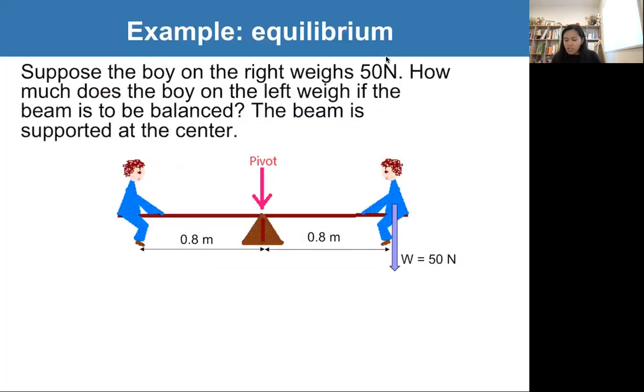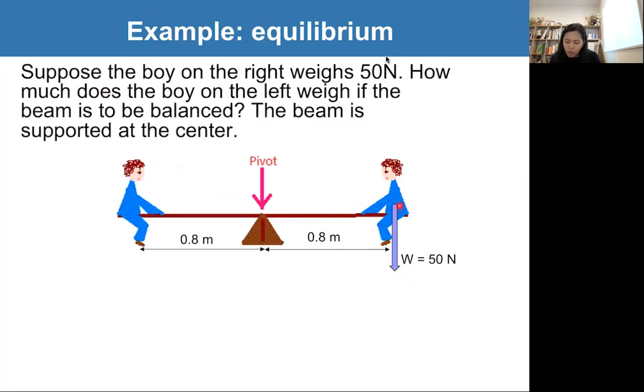Let's look at one that is hopefully quite intuitive. You have here a seesaw, a plank of wood supported in the middle. Suppose the boy on the right weighs 50 newtons. When we say weight, it's the weight force or gravitational force that's always directed downwards.